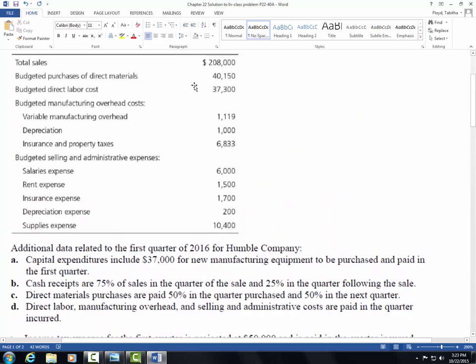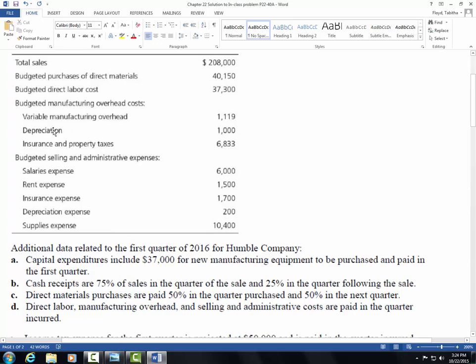So the cash payment for direct labor will be our total budgeted direct labor cost, because it says we pay all of that in the quarter that we incur it. Or manufacturing overhead, however, keep in mind that this is a schedule of cash payments. So we're only looking at things that we're actually paying cash for.